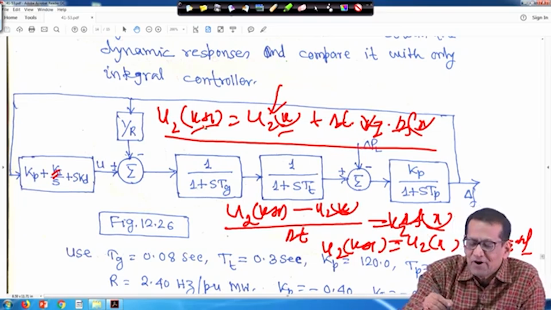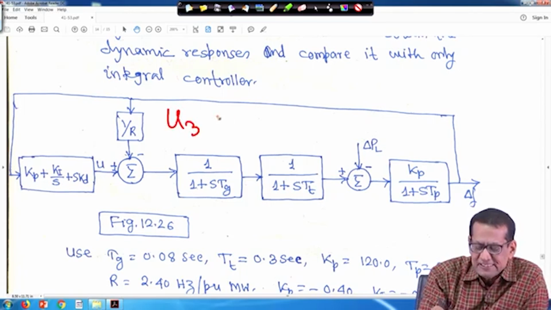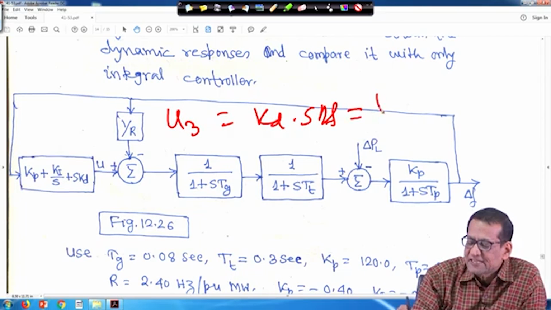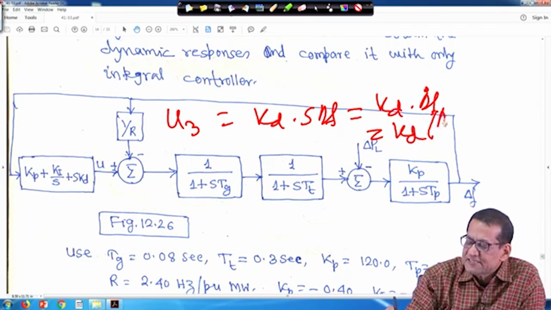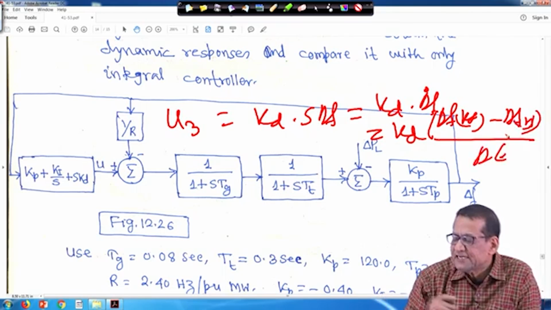Similarly, for the other part, U3 is equal to Kd into S delta f, that is nothing but Kd into delta f dot. That is Kd times delta f (K plus 1) minus delta f (K), divided by delta T. This is the derivative.